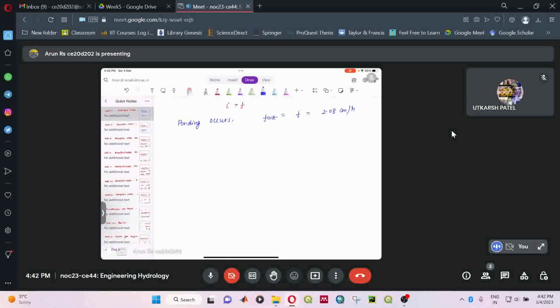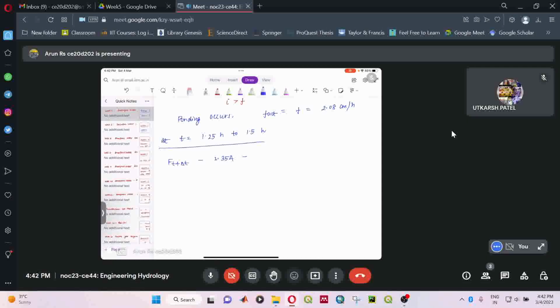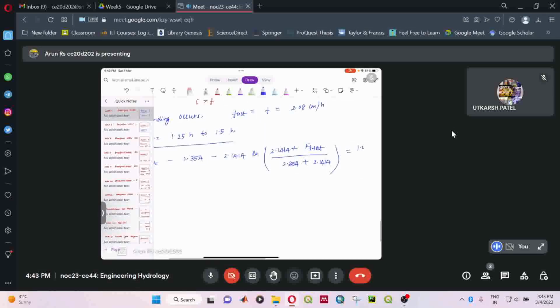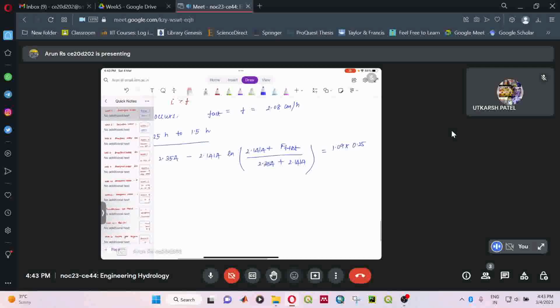Again we go to the next time step, t equal to 1.25 hours to 1.5 hours. Again we find F at t plus delta t minus 2.354, the previous value we found, minus 2.1414 into ln of (2.1414 plus F at t plus delta t) divided by (2.354 plus 2.1414), equal to 1.09 into 0.25.